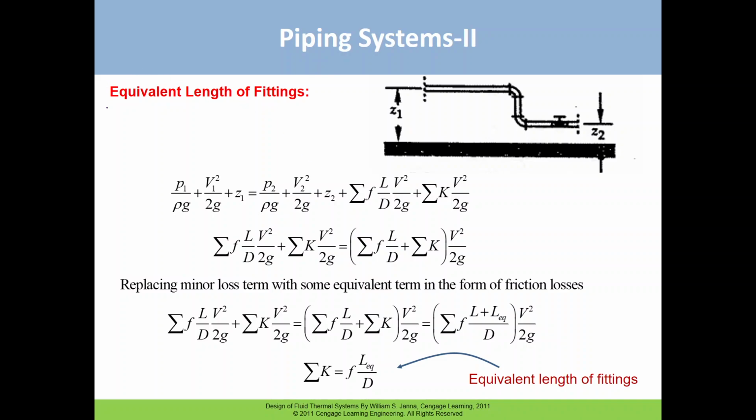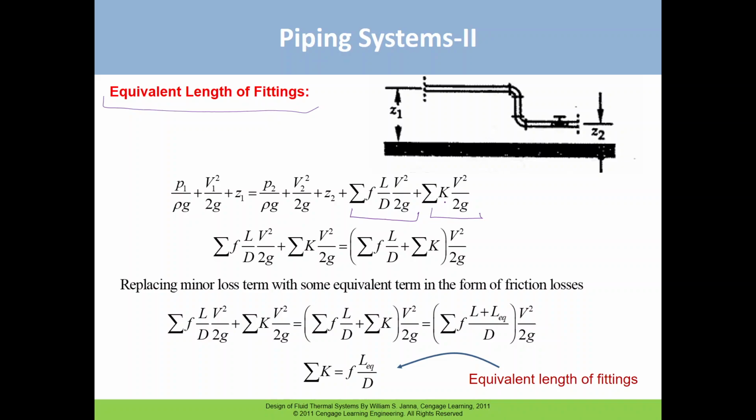That was the first topic, and the second topic in this chapter is the equivalent length. The concept of equivalent length is that when we describe the losses, we have two things here: the friction losses and the minor losses. The friction losses we describe in terms of the friction factor, length and diameter. However, the minor losses we describe in terms of the loss coefficient.